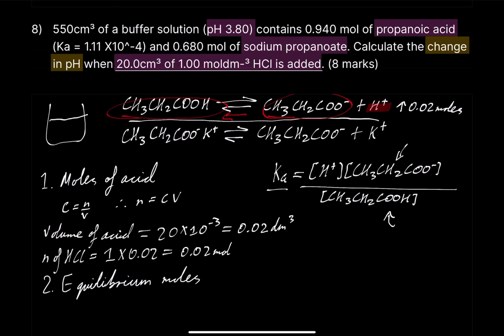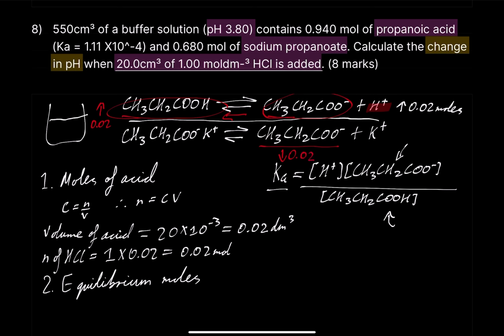So propanoic acid increases by 0.02 because equilibrium is shifted to the left. These are both propanoate ions. Therefore, if equilibrium shifts to the left to increase the moles of HA, or the propanoic acid, by 0.02 moles, we're decreasing the moles of propanoate ions by 0.02 moles.